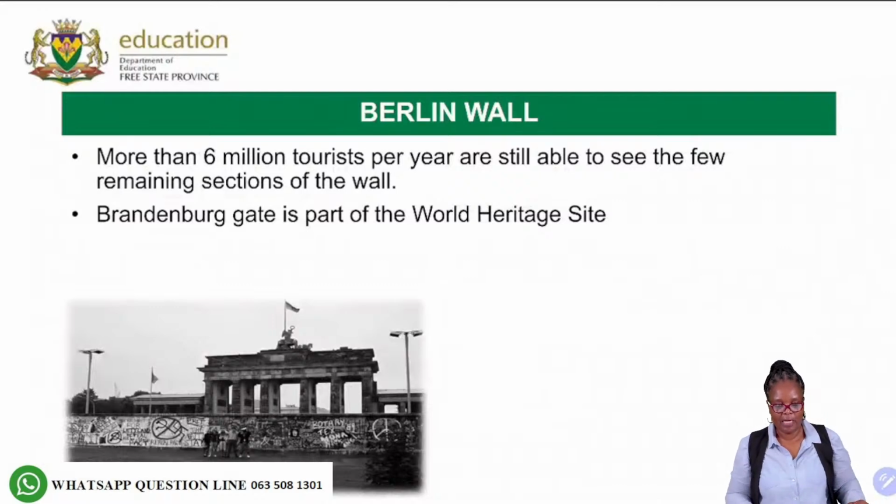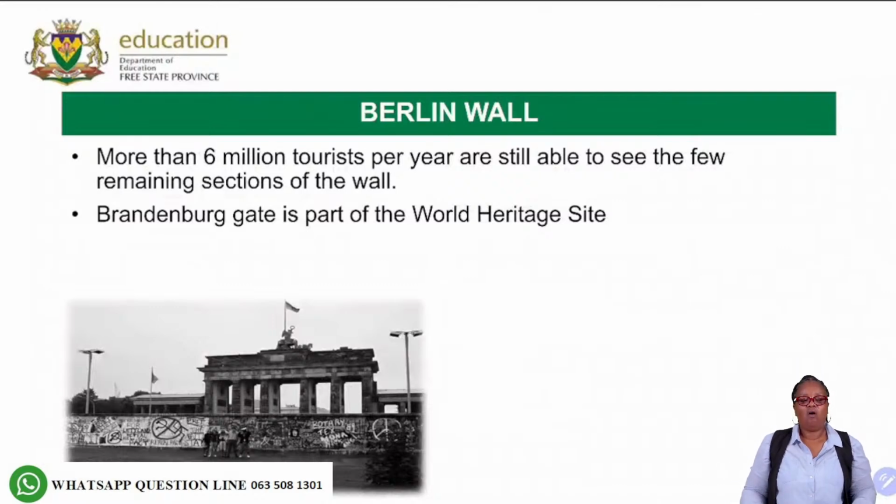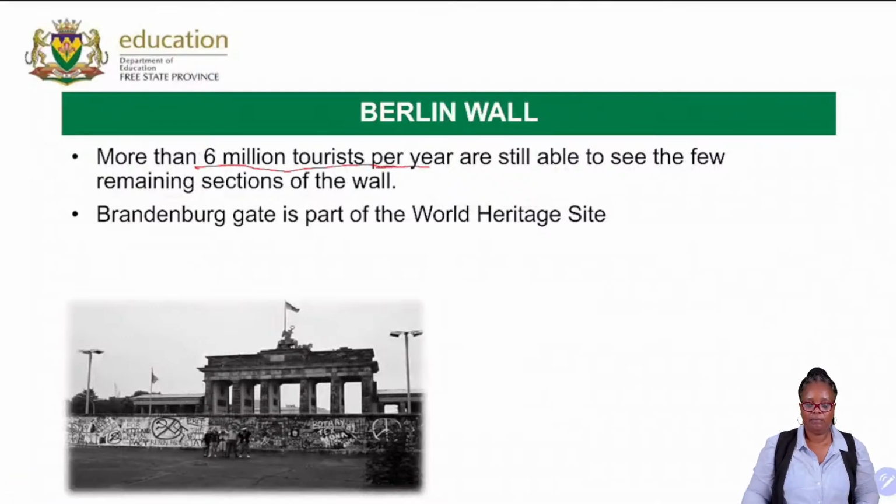So 1989. So let's look at the number of tourists. We have more than 6 million tourists per year visiting this place. More than 6 million. Even though the wall was destroyed, we still have sections of the wall.